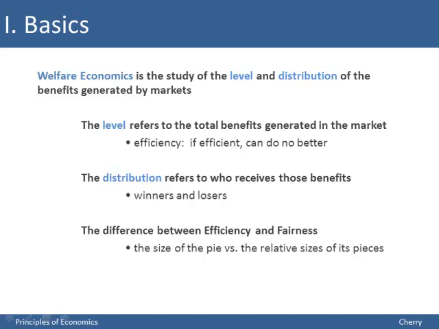It's just that it's a little bit tricky to analyze because it is a subjective concept by nature. So when you look at efficiency, what we're talking about is the size of the benefits, or the size of the pie. And fairness refers to the relative sizes of the pieces of that pie, or who gets what share of that pie, or that share of welfare generated by the markets.